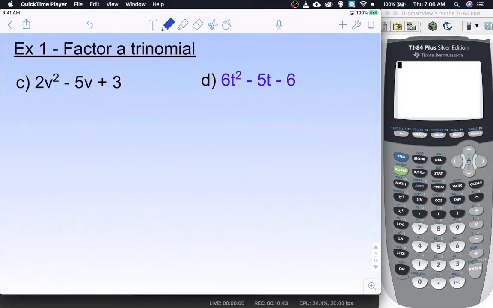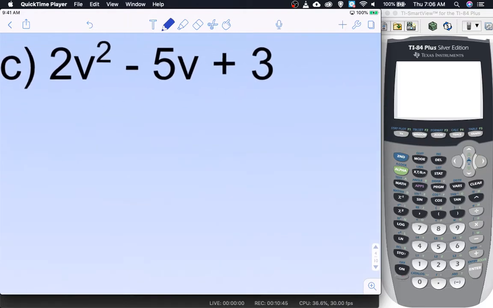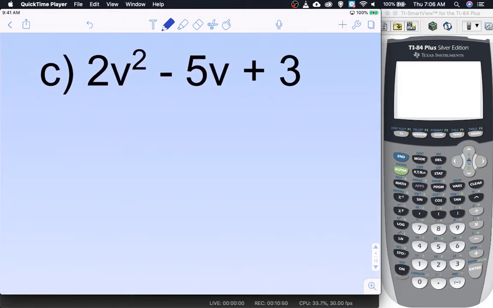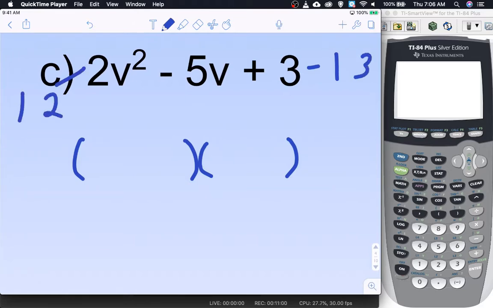Okay, I'll do one more, and then you'll try one. Okay, so the only factors of 3 are 1 and 3. The only factors of 2 are 1 and 2, which makes, well, I still have four possible combinations.